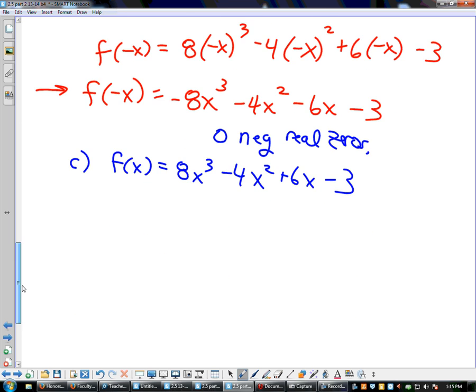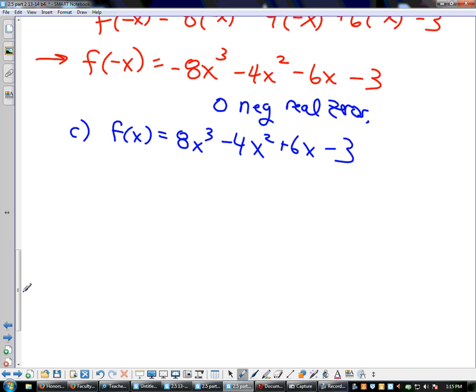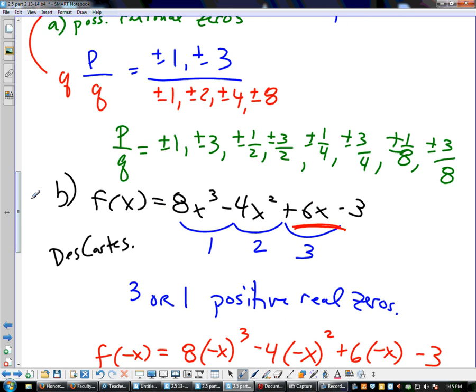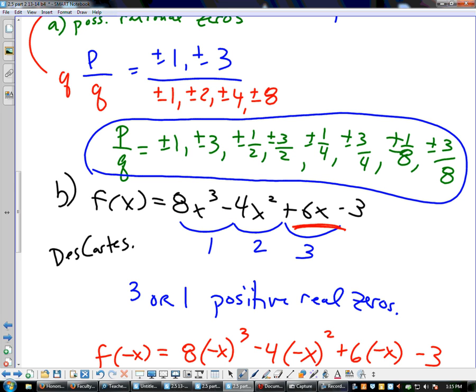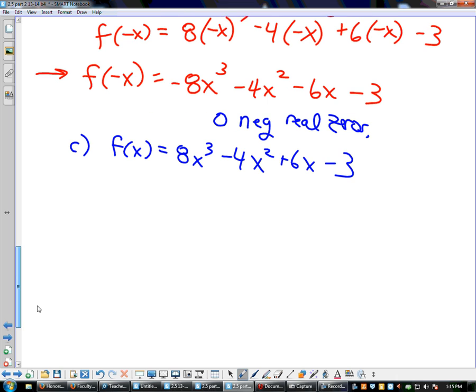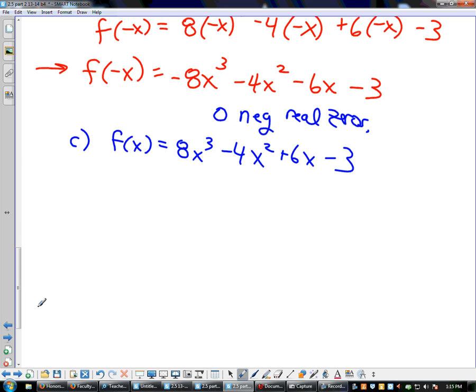This is my list of possible rational zeros. Let's say I wanted to try positive 1. Let's see if we can knock out any possibilities higher than 1. So I would put 1 in the box, and my coefficients are here.